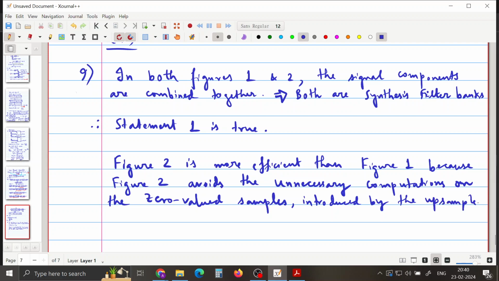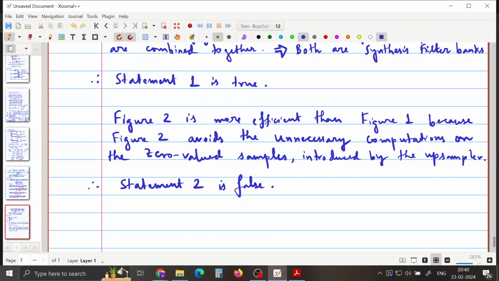Because in figure 2 you are placing the upsamplers towards the end. So you're doing all the computations beforehand, and then you are introducing the zero valued samples. So that's efficient. So therefore statement 2 is actually false.